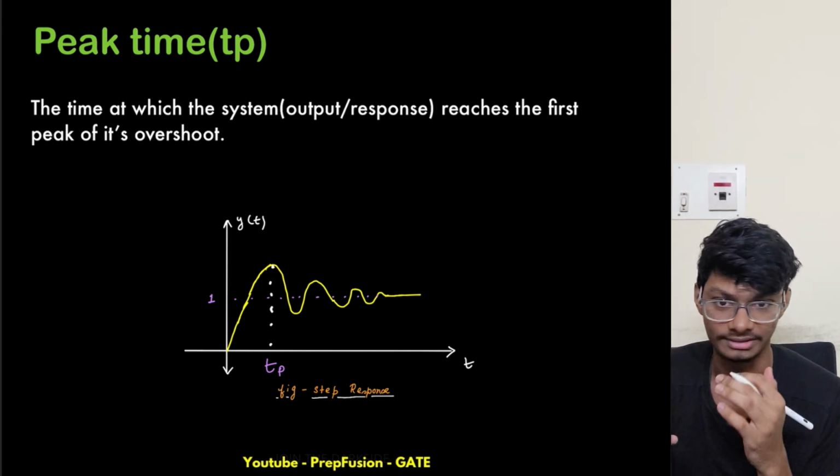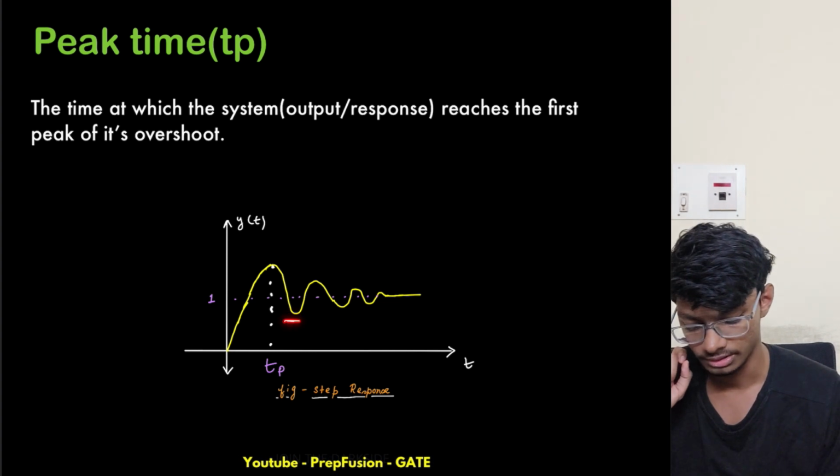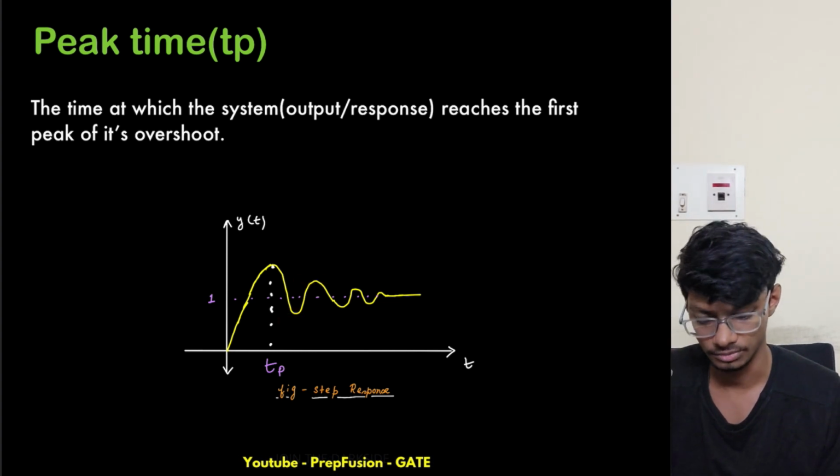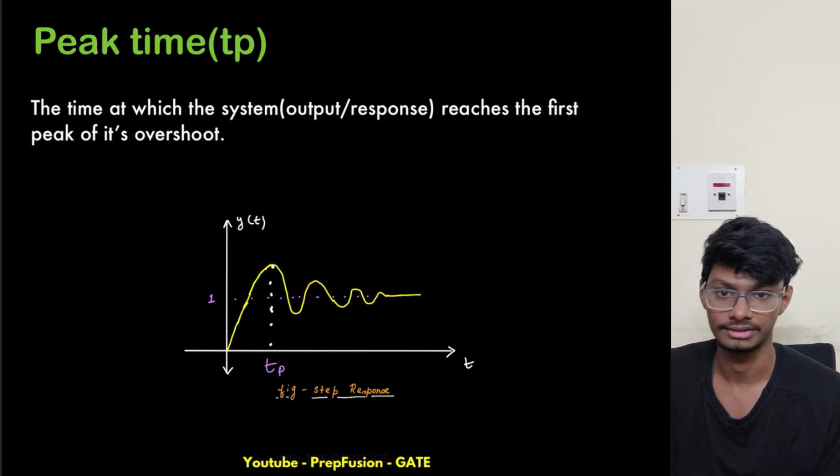That's why we don't call it anything, it's difficult to call it anything. So this will be my minima right now. And then again the second peak. This is the first peak, this is the second peak, and this is the third peak. Like this it will go on.